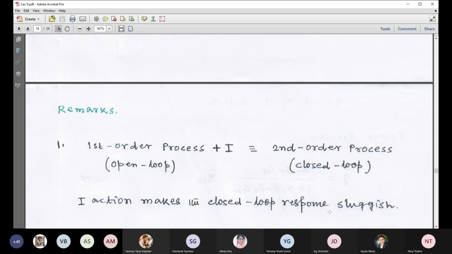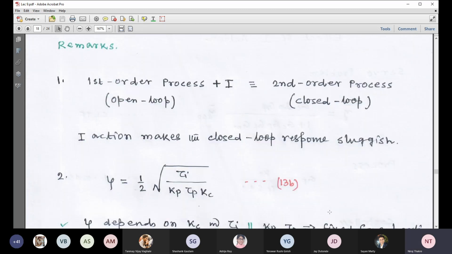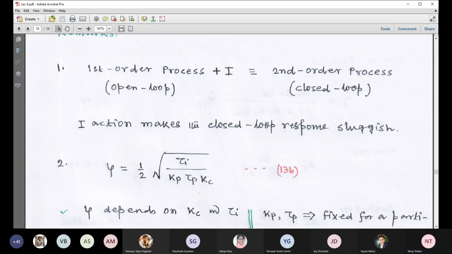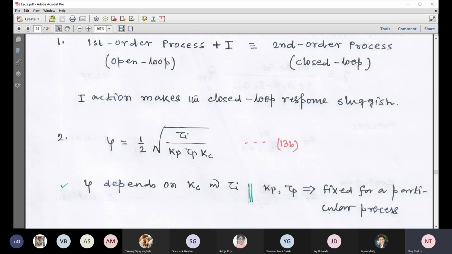Okay. Second one, you come to this equation. And I think you can understand this point. Here zeta depends directly on Kc and tau I, which are controller tuning parameters.